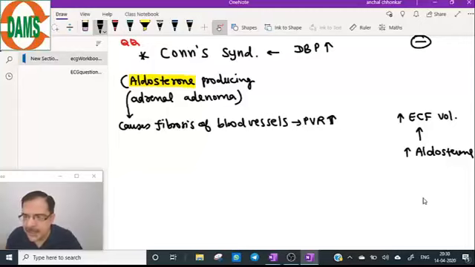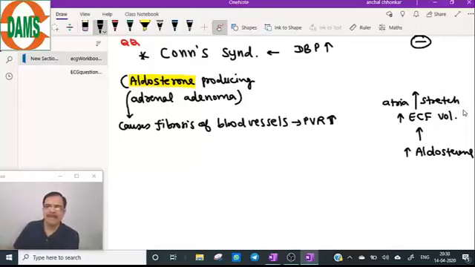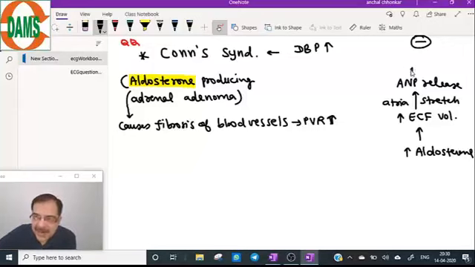And when extracellular fluid volume is increased, the atria stretch and ANP, atrial natriuretic peptide, is released. Remember, this phenomenon occurs in cases of high ECF volume. So ANP is released, and natriuresis prevents the edema.